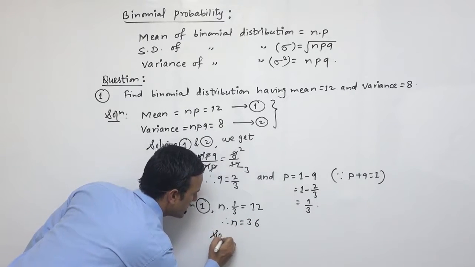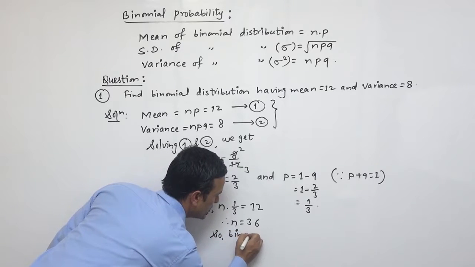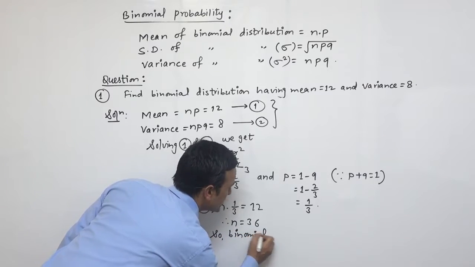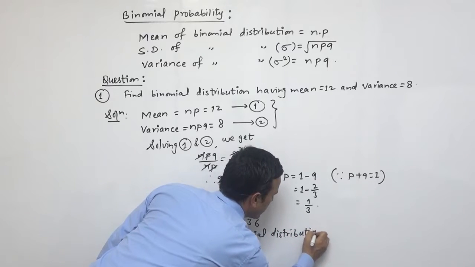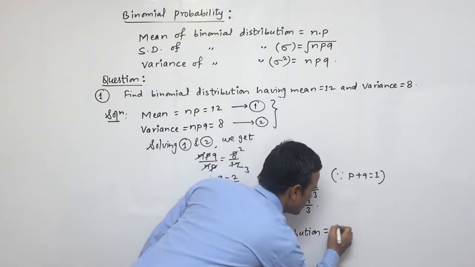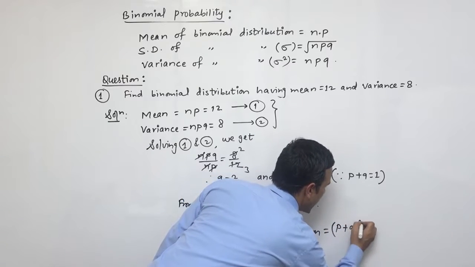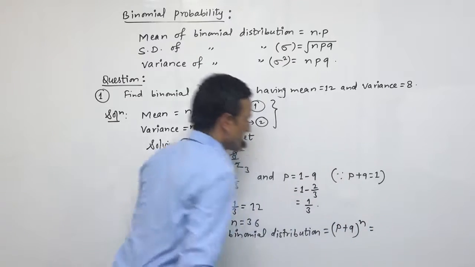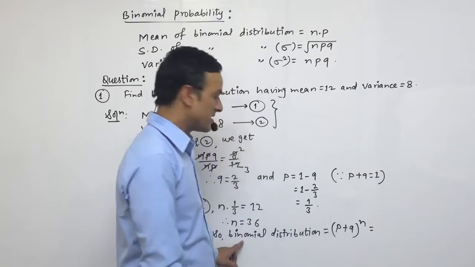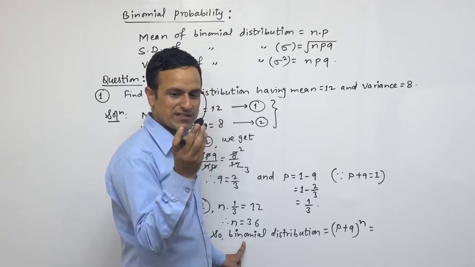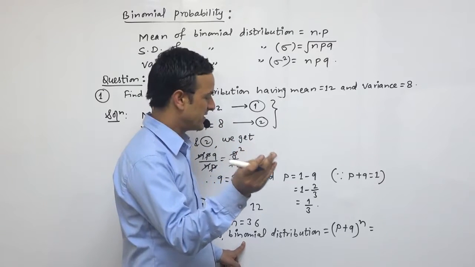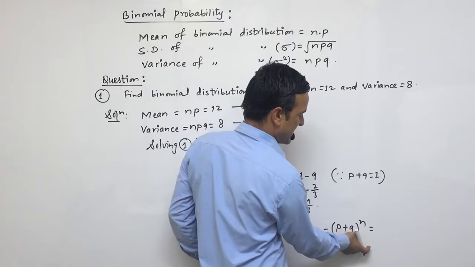So binomial distribution is equal to p plus q to the power n. This is the binomial distribution. Binomial means we should have only two events. One is success, another is failure. This is success, this is failure.